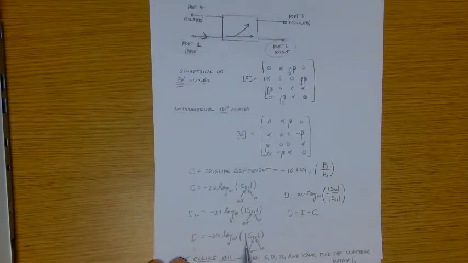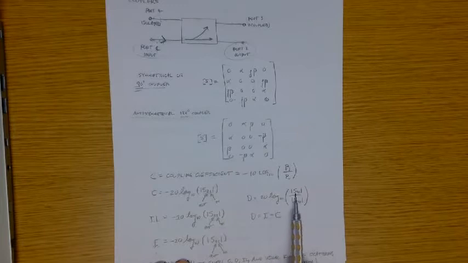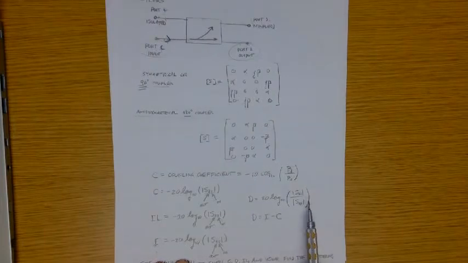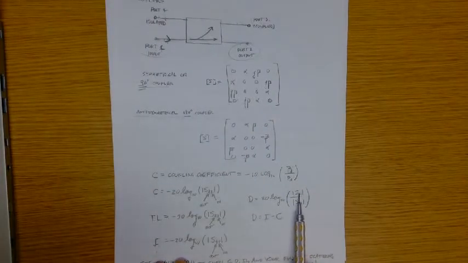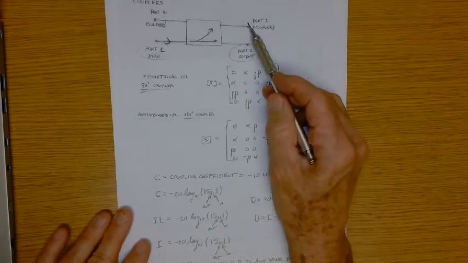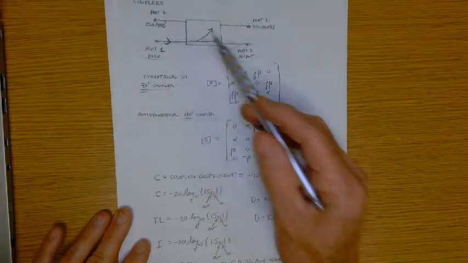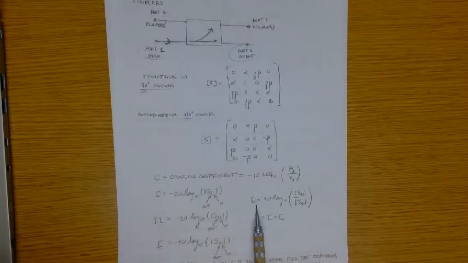Okay. And then the directivity, let's see how that works. It's the magnitude of S31 divided by the magnitude of S41. Out of 3 into 1, out of 4 into 1. It's that ratio. So that's what we call the directivity.